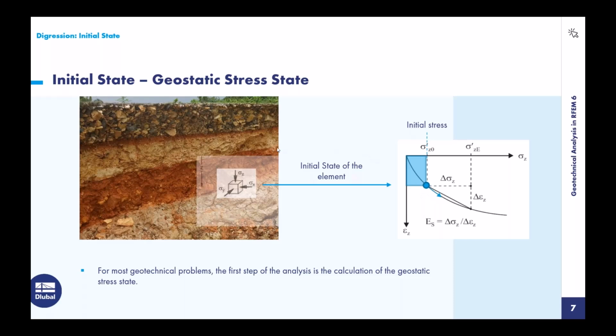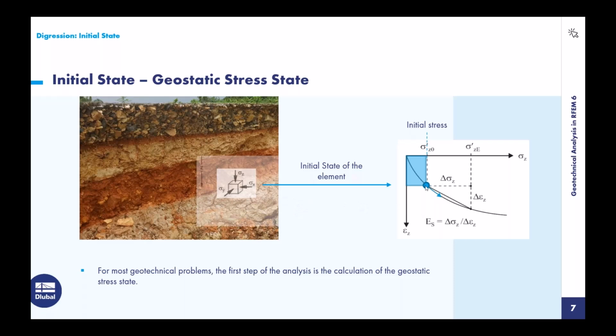So in a very first step, we calculate the geostatic stress state. We analyze a load case for self-weight of soil. In this load case, the self-weight is applied and the stress state for all the elements of soil is calculated.